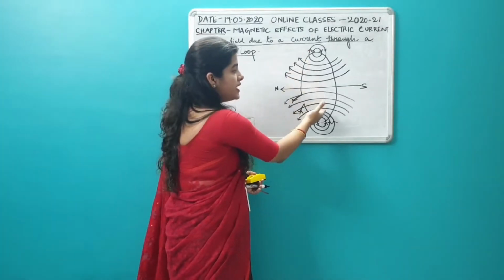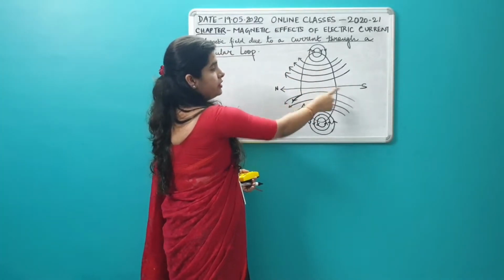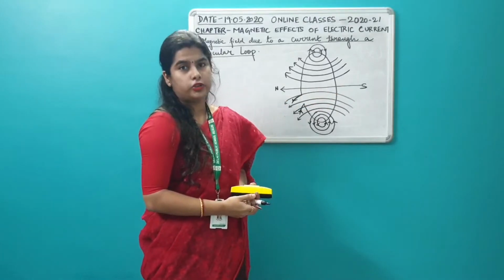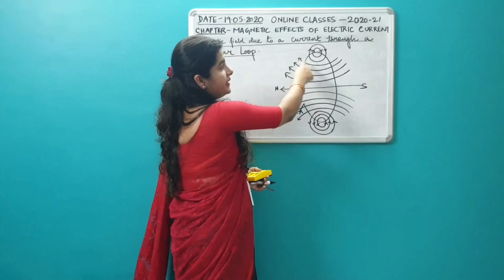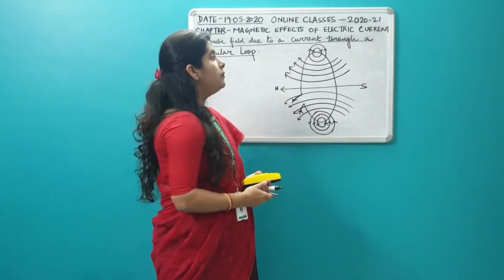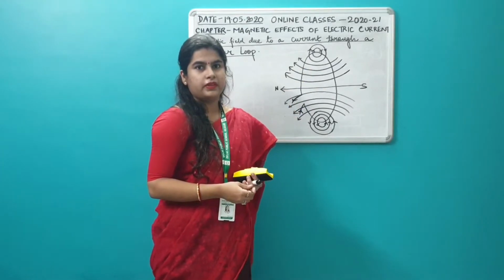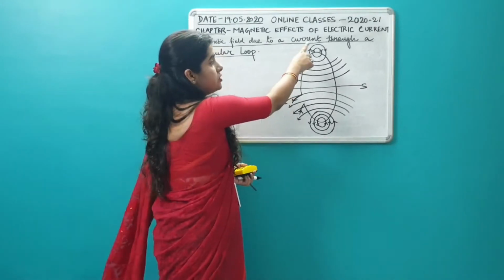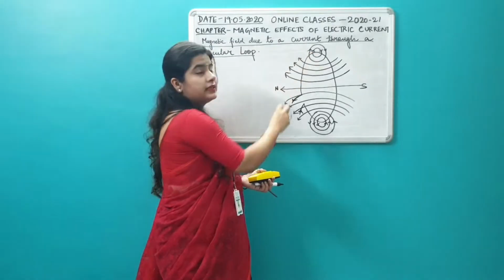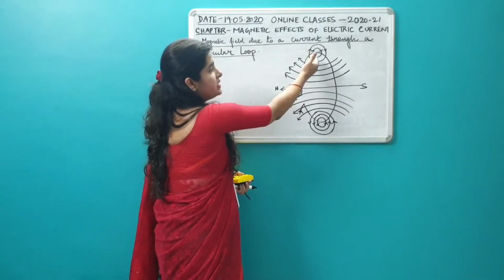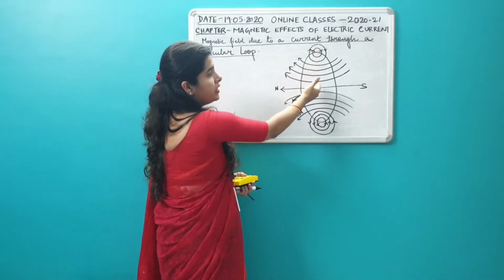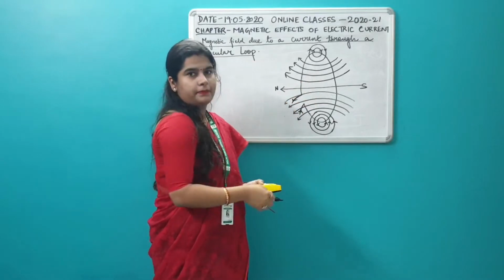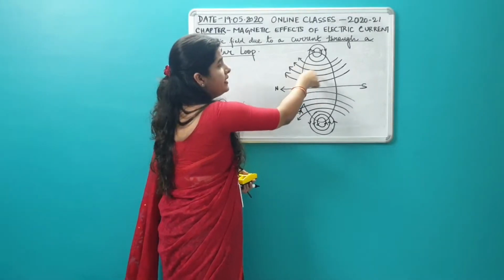So how does it look like? You can see I have written over here the two poles, the North Pole and the South Pole. And you can see the magnetic field lines are in the form of circles. Okay, so the magnetic field lines are in the form of concentric circles over here. And as you are moving away from the loop, these field lines are also becoming larger.